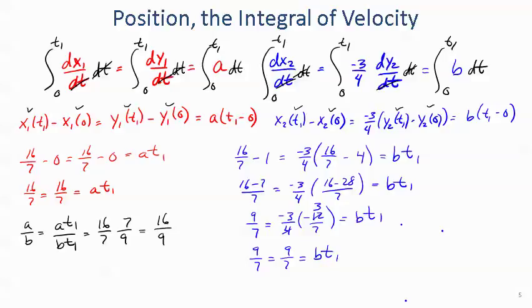So we can see the relationship between these speeds is that 9/16 times a is going to be equal to b. So now you have an idea that our friend might be flying a little bit slower than us in order to cause a collision.